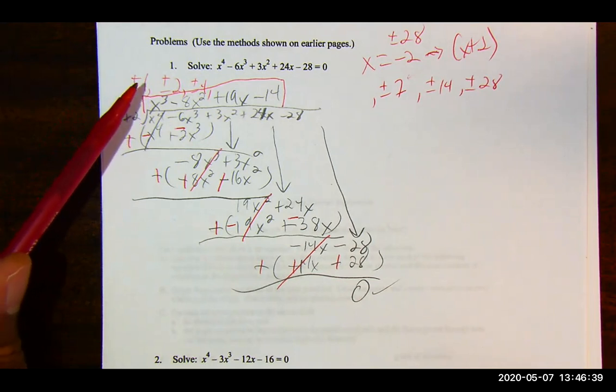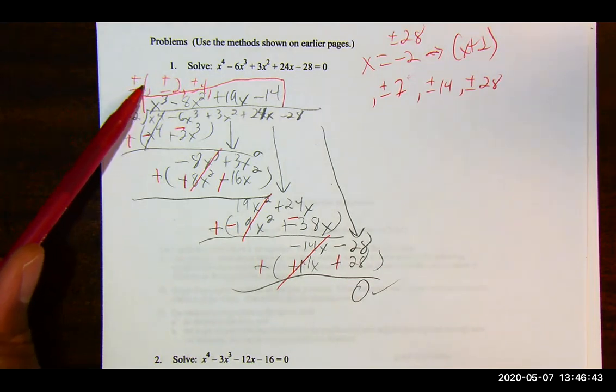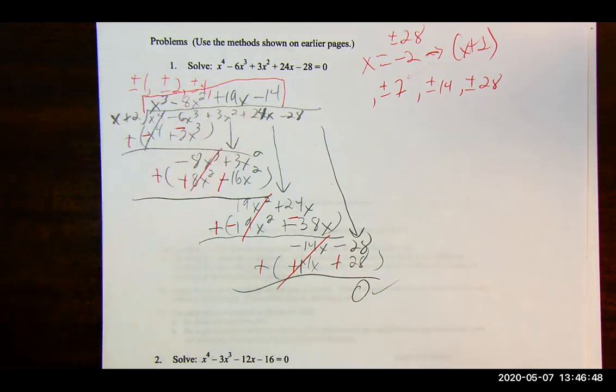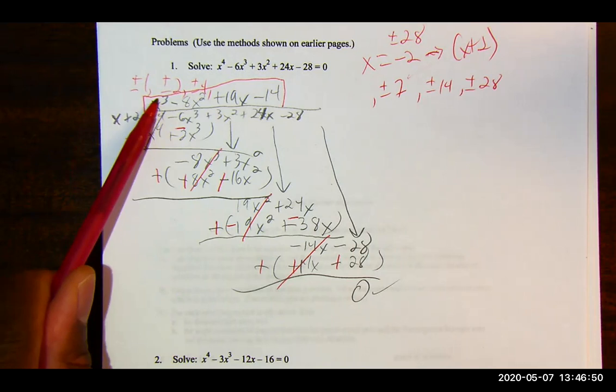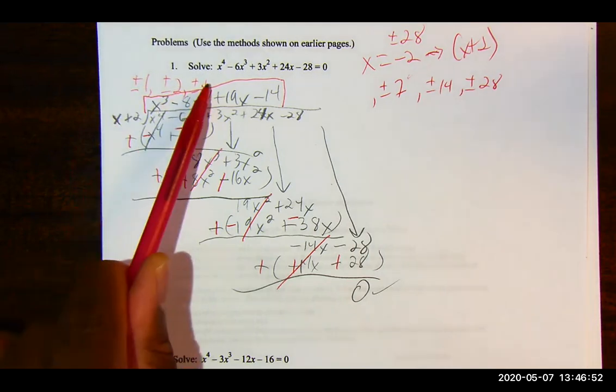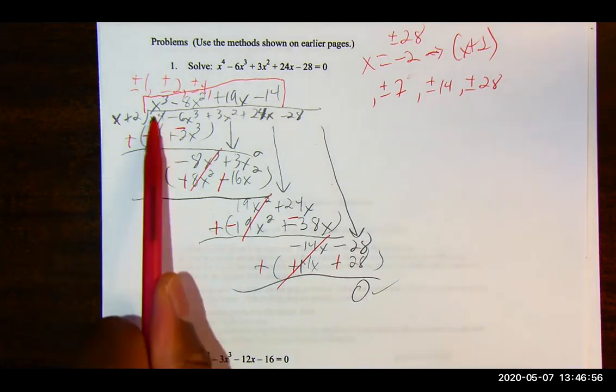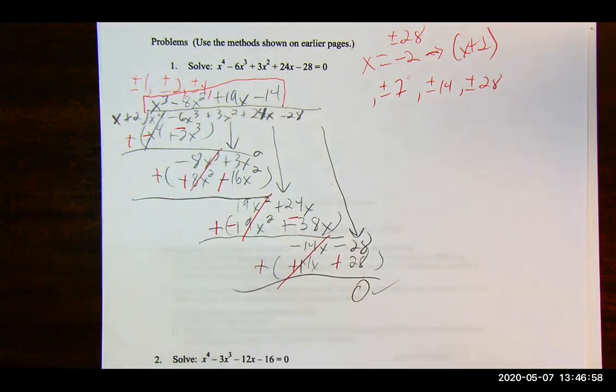But that's not always necessarily the case. So just to be sure, go ahead and check anyway. Another thing you can do is you can test these all over again here. That is something, but I'd rather test this cubic because it's a lot easier.